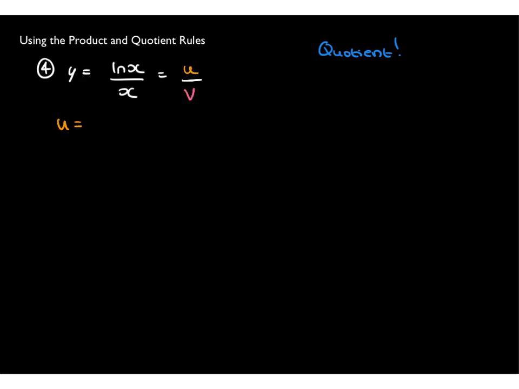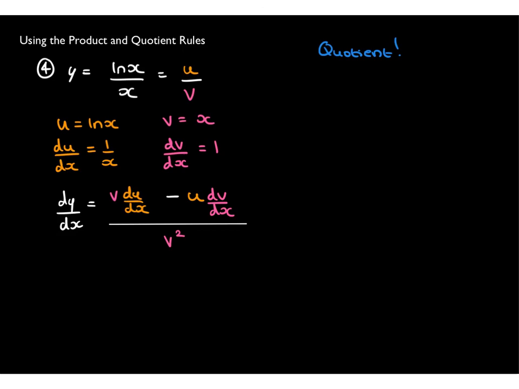So u equals ln of x and v equals x. So it's the reverse, it's the reciprocal of the previous question. So 1 over x is our derivative of u, and our derivative of v with respect to x is 1. Let's make use of the quotient rule again, and let's go from here.